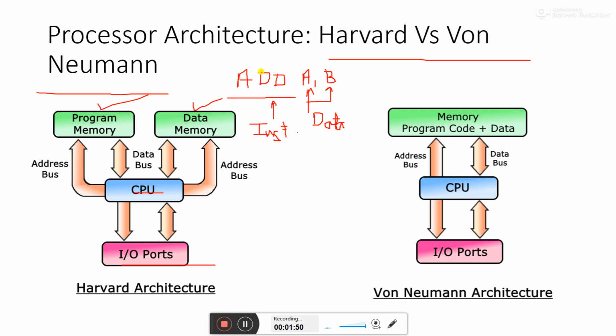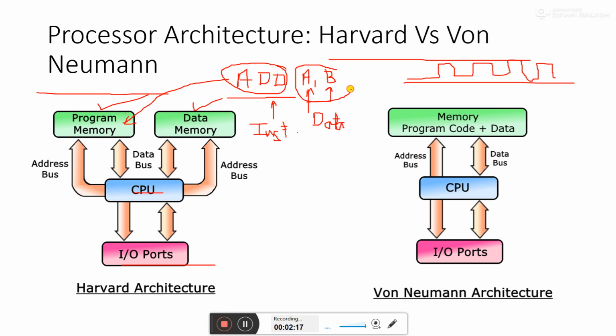It is important to understand how a CPU works, because the CPU works on a clock cycle, and on the basis of the clock cycle it defines how everything works. So the add instruction will be stored, in case of Harvard, in program memory, and the data will be stored in the data memory. Both will be stored in different memory structures.